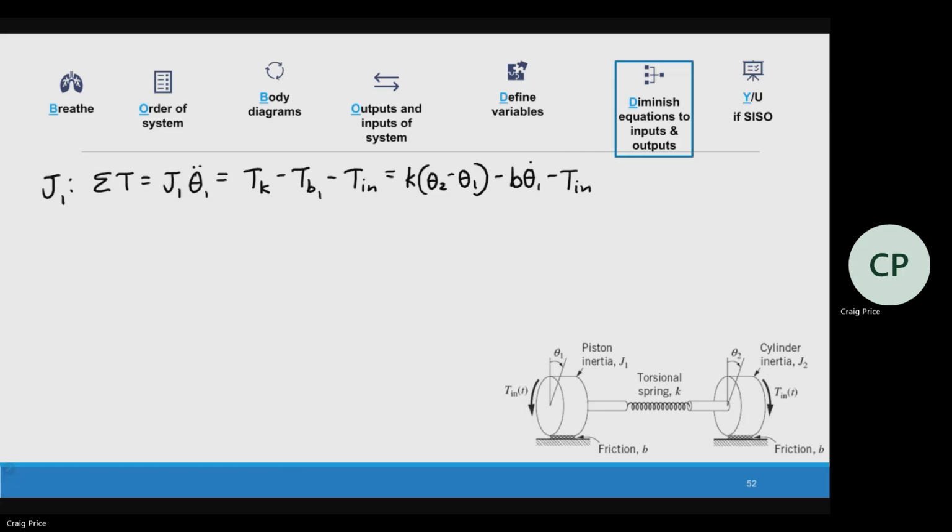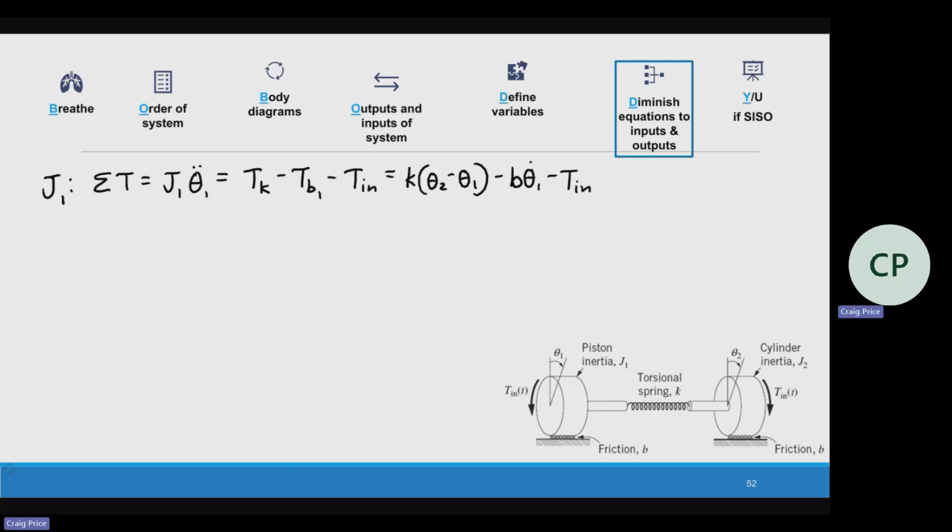What's my next step? Not quite. Yes, outputs on one side. What is the output for J1?